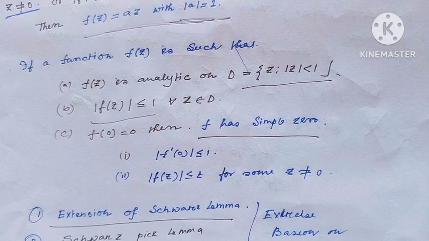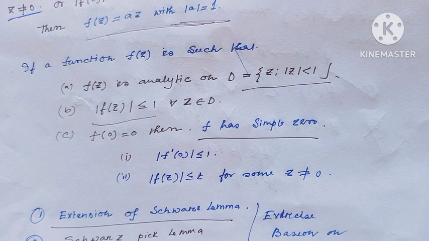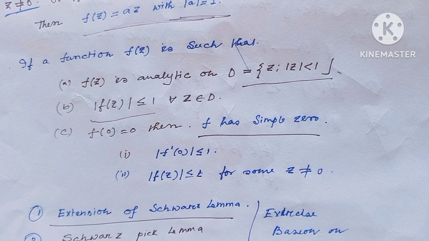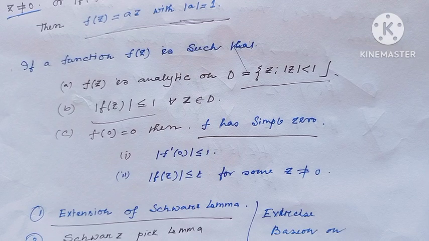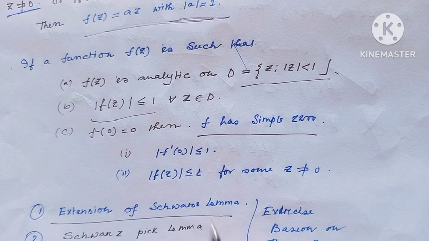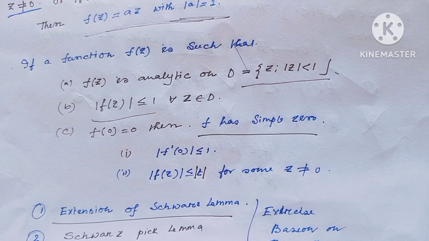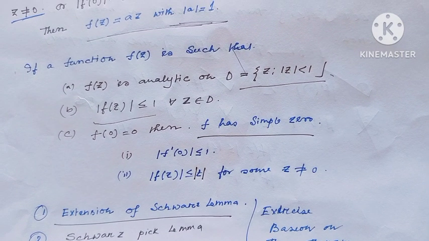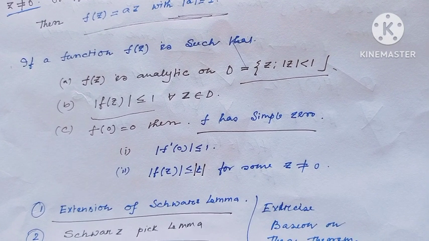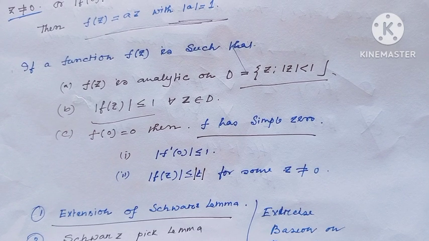Then by Schwarz Lemma, first, modulus of f prime 0 is less than or equal to 1, and second, modulus of f(z) is less than or equal to modulus of z, and this is true for all non-zero z. In my previous video I proved this lemma.